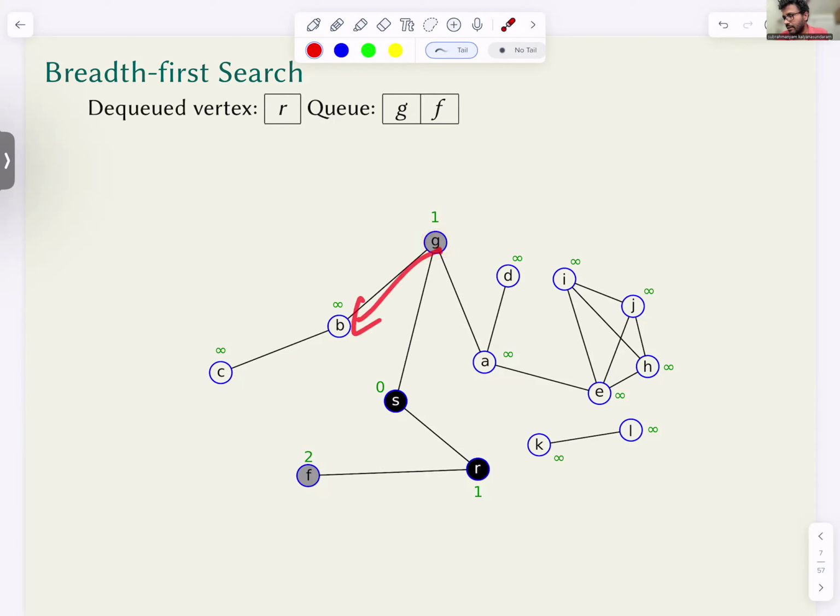G is causing B and A to be discovered. G had the value 1, so B and A will have the value 2. Now G is dequeued, so the queue has A and B queued. F was already in the queue, so F continues to be there. Now, what is the next vertex to be dequeued?